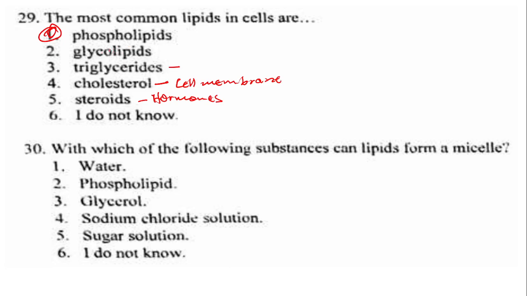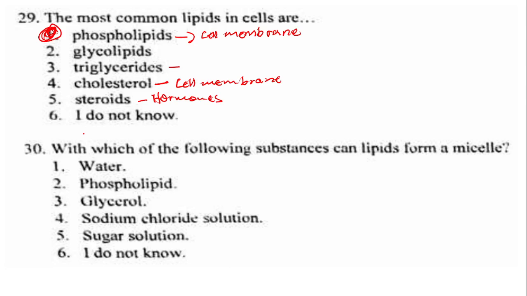But the answer here is the phospholipid, which is found in the cell membrane. If you look at the structure of the cell membrane, it has a lipid bilayer, and this lipid bilayer is made up of phospholipid.